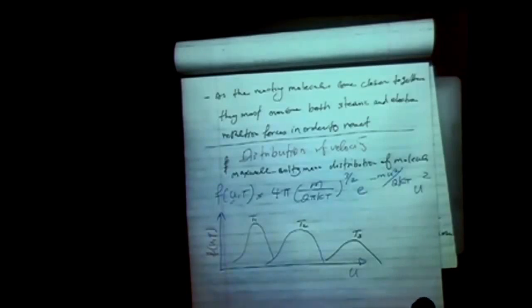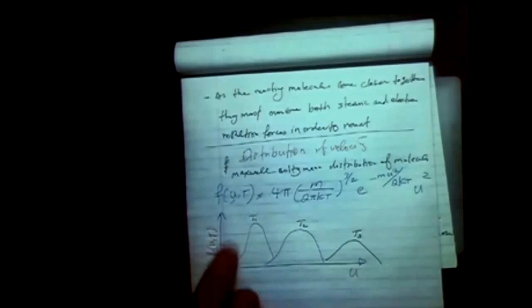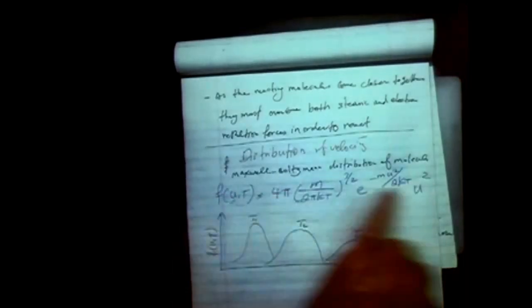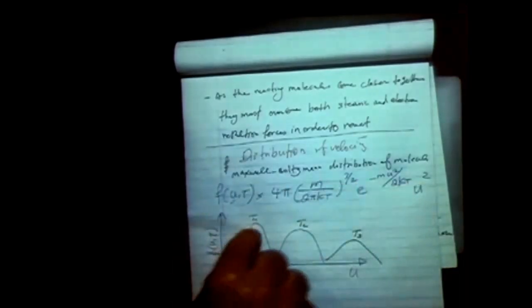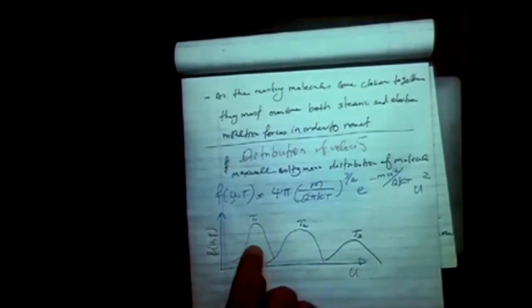What does it say? Let's assume this curve. This curve is a plot of this equation at T1. That shows the distribution of the molecules at this temperature.